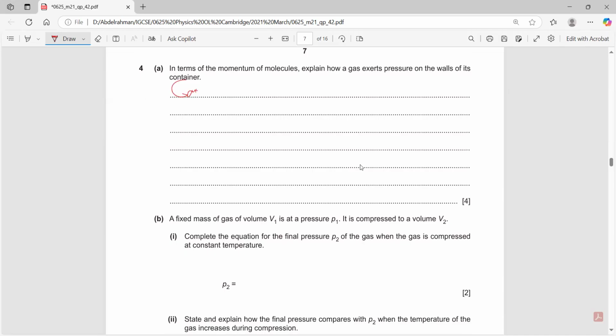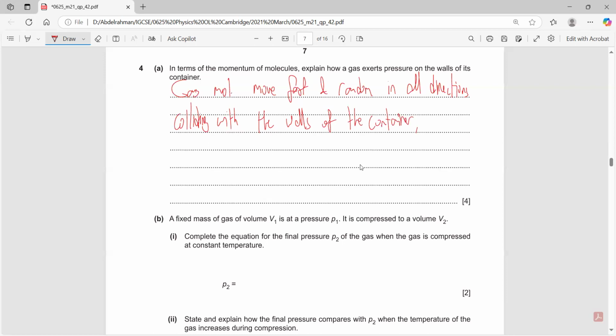Okay, so gas molecules move fast and randomly in all directions, colliding with the walls of the container, changing their momentum, causing a force over an area, which is pressure.